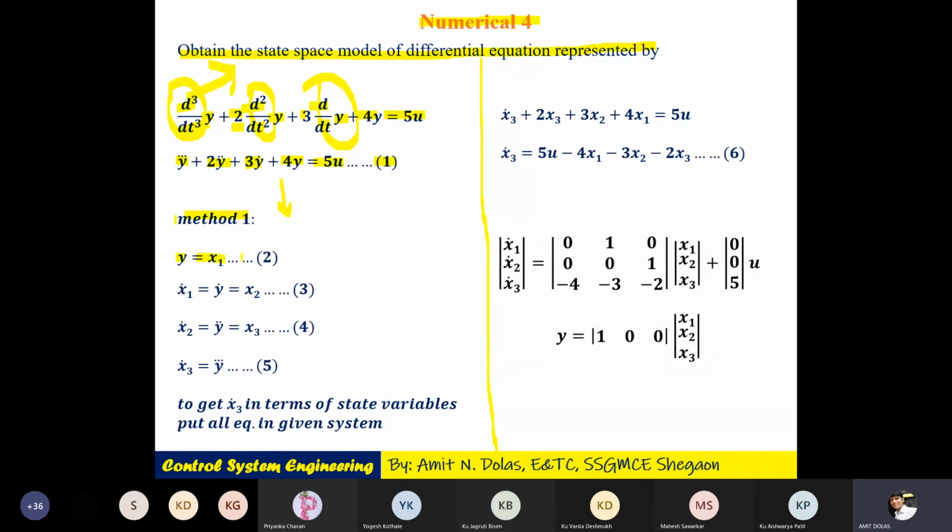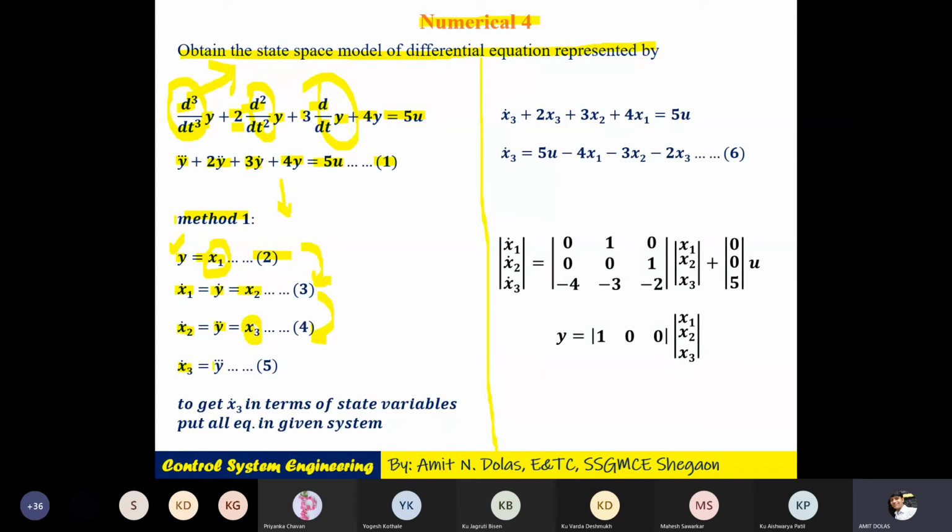Just put y is equal to x1. Okay, then I will derive this y, and that I will say x dot 1. Of course, इसे derivate किया, it will be x dot is nothing but y dot, and y dot is nothing but I am writing x2. Again I will derive this x2. So x2 dot is nothing but y double dot is nothing but another state, that is, say, x3, and x3 dot इसे derivate करने के बाद we'll get third state.